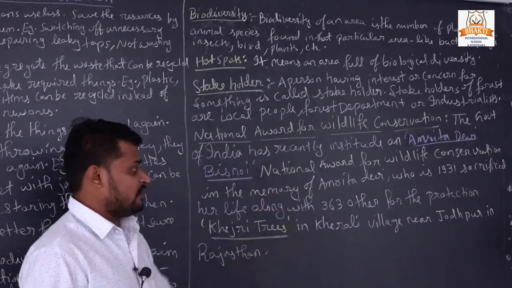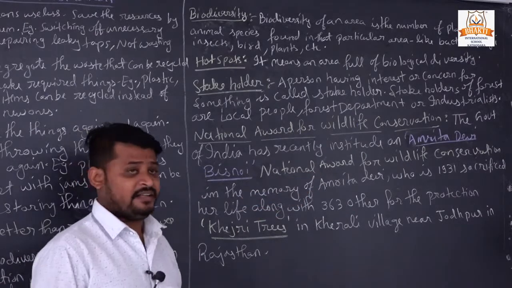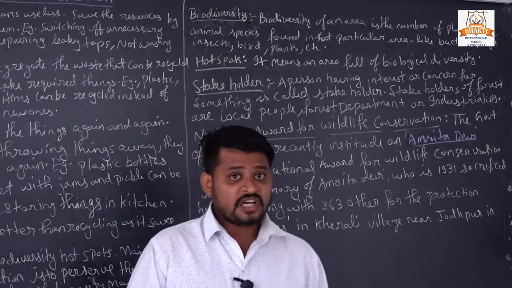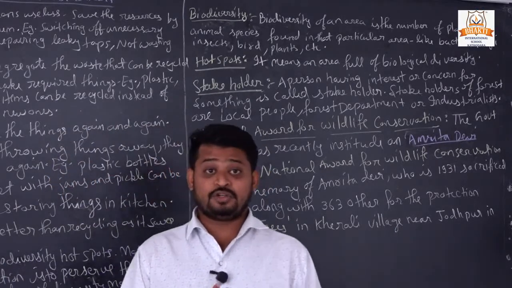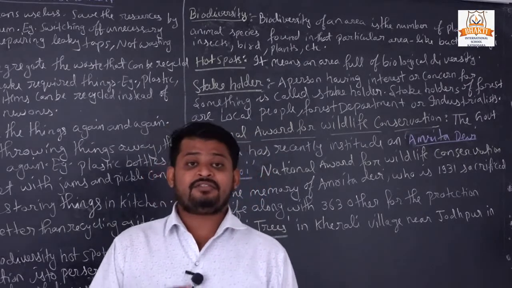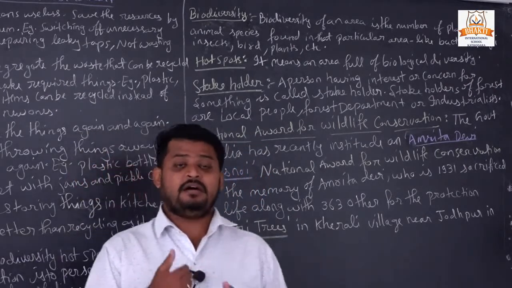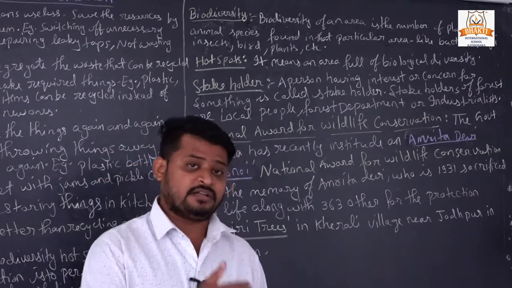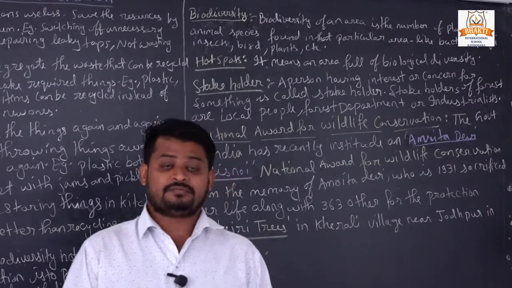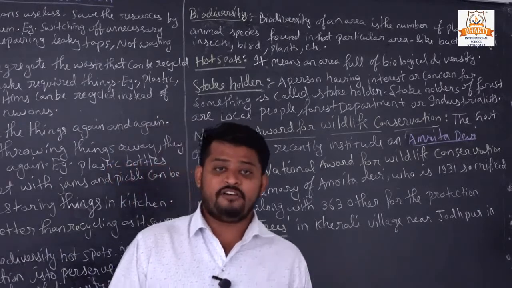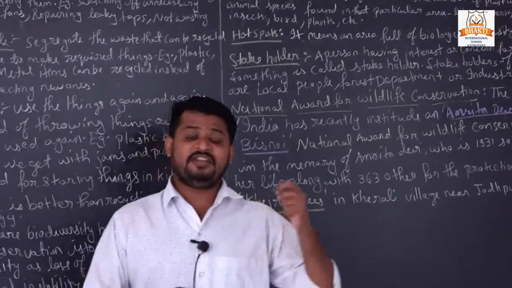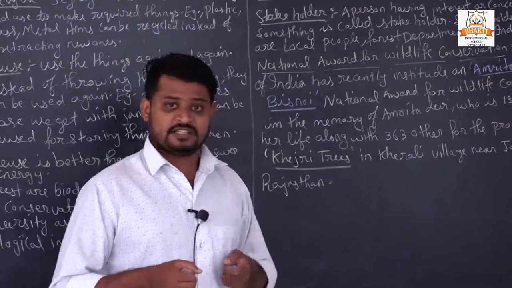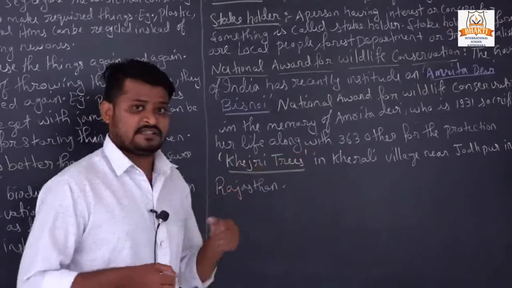In 1931, the king of Jodhpur in Rajasthan gave an order to his sepoys to cut the wood of khejri trees to make furniture for his palace, from the village of Khejarli, near Jodhpur in Rajasthan.